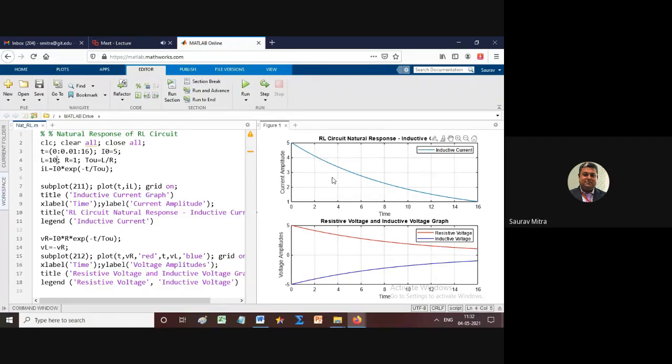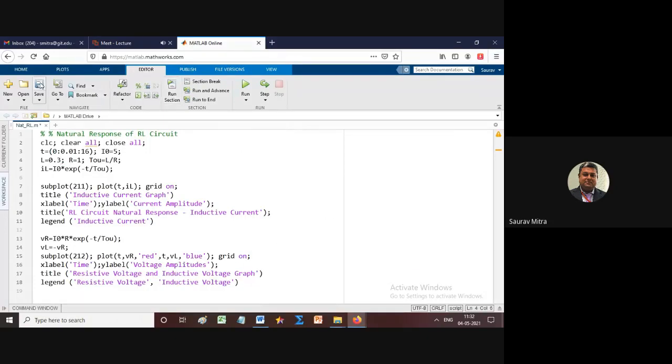If you increase the value of tau, the graph becomes very flat. Previously it was coming down to 0 almost at 4 seconds. Now it is going very slow. Now initially L was 1, and I'll make it 0.3, so it will become faster than the initial one. Save and run it.